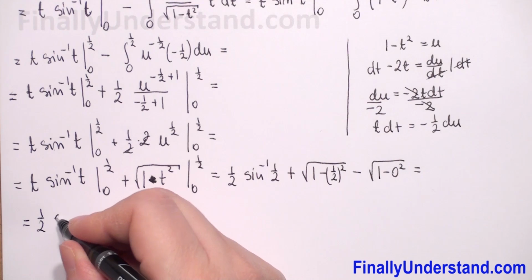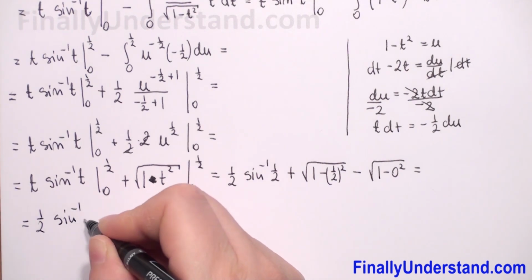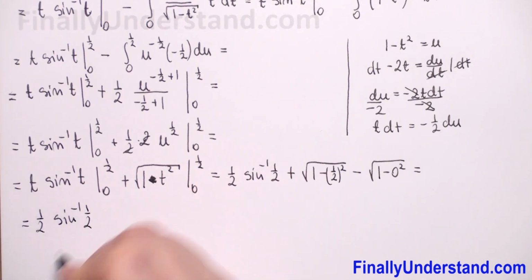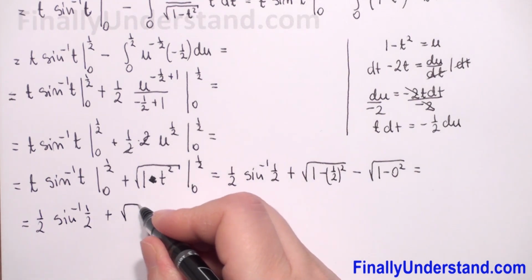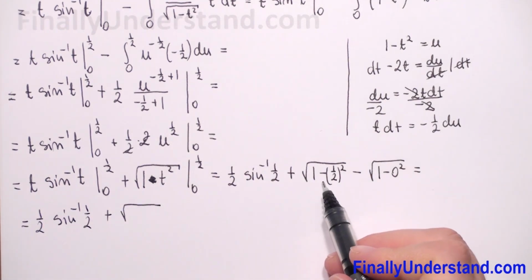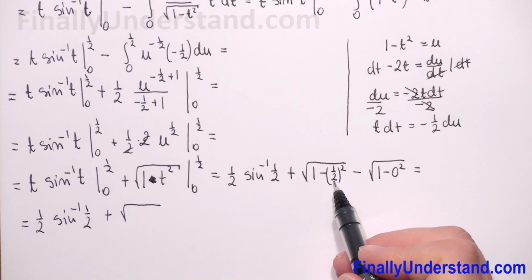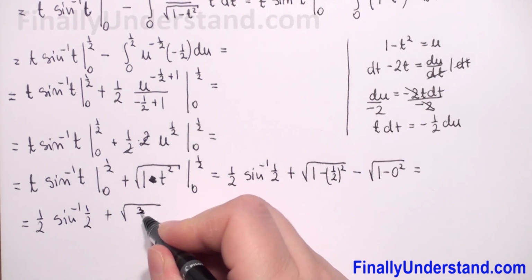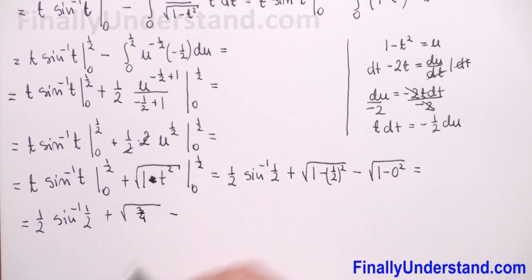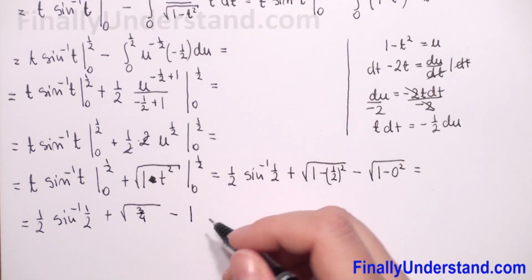So this is equal to 1/2 inverse sine of 1/2 plus the square root of 1 minus 1 over 4, which is 3 over 4, minus 1, since the square root of 1 is 1.